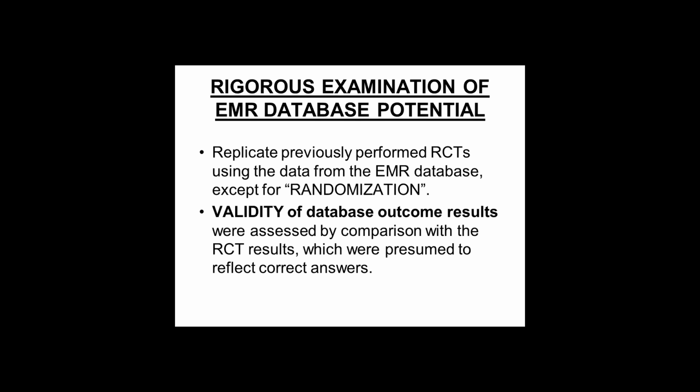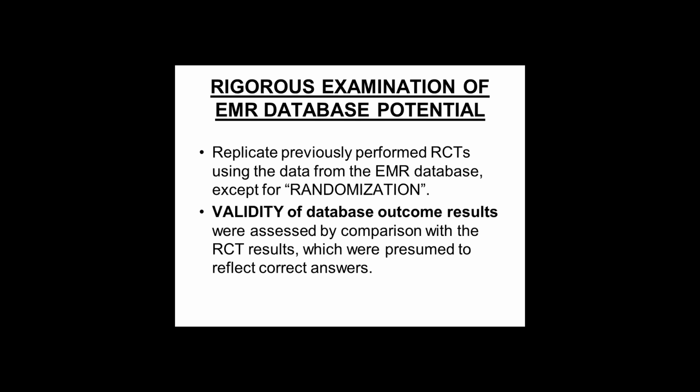And then we tested whether or not the database gave valid answers, which would depend on the quality of the data in the database and the analytics that we used to examine the data that you collected. So we said if the database answers were the same as the randomized controlled trial, then you could say you were getting a valid answer. If they were different, then you weren't getting a valid answer.